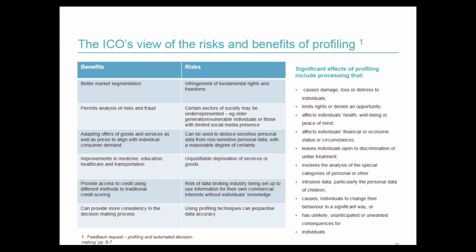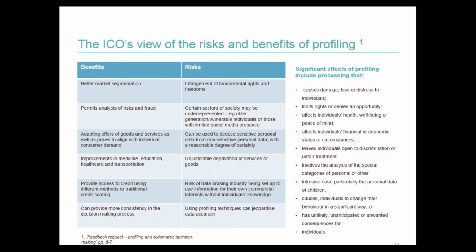The ICO is going to publish a summary, but one of the main reasons for the paper was because it's going to submit the responses to help inform the UK's contribution to the Article 29 Working Party guidelines on profiling and automated decision making. And these are due to be published later this year. This has actually been prioritised for release, so it will come out by the end of 2017.